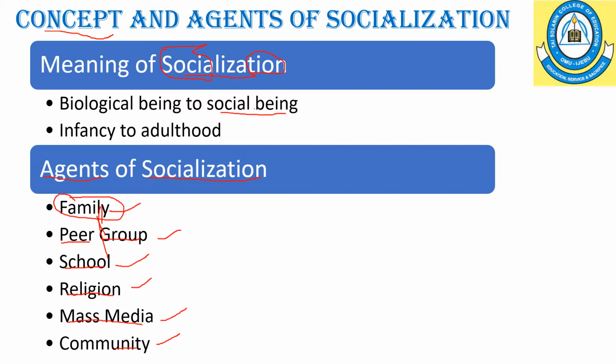It commences from the time you are born until we die, we continue to socialize ourselves, because human nature moves from one place to another, and our nature changes from time to time. In as much as there is a change in a particular way of our life or in a particular environment, we must socialize ourselves to adapt to that society.